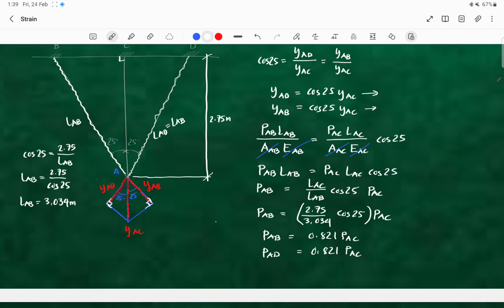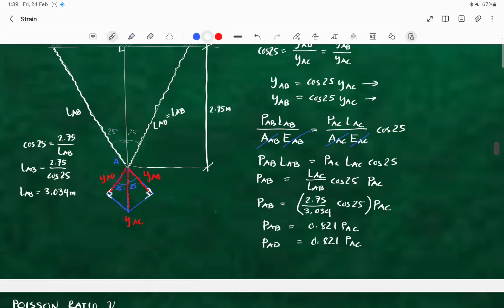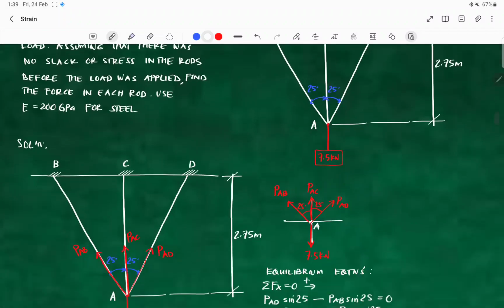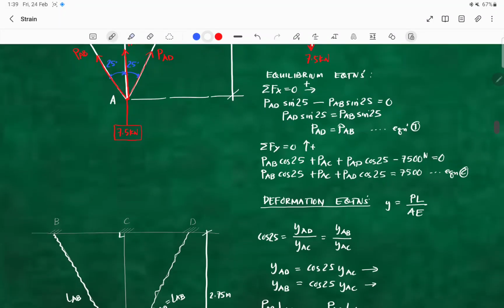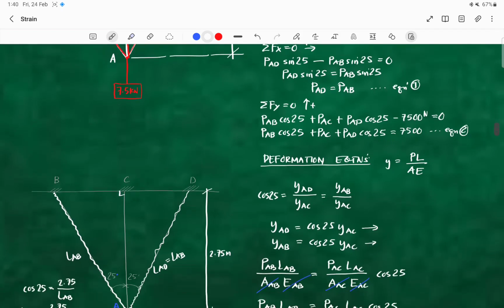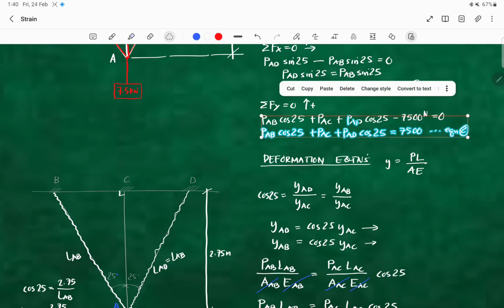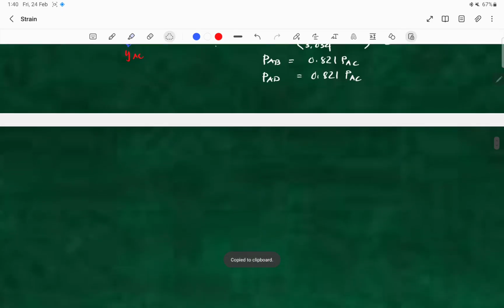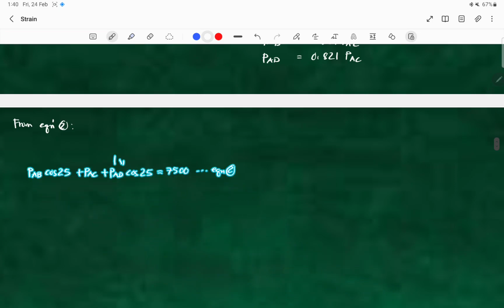Okay? Okay, so bali dito sa equation 2, kunin ko ito yung equation 2. Copy. So, from equation 2, so ito na yan, ha?